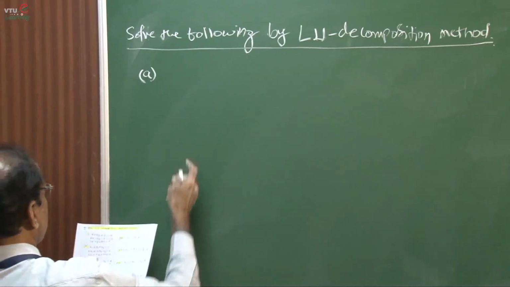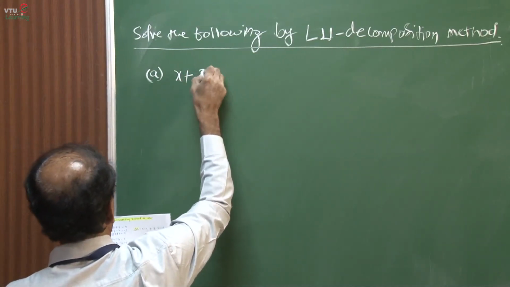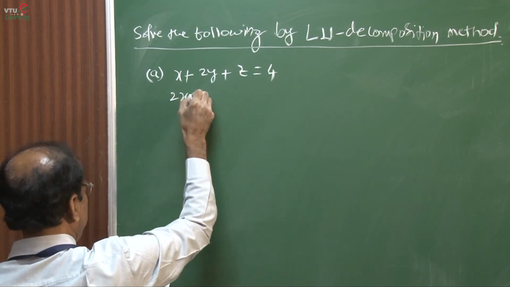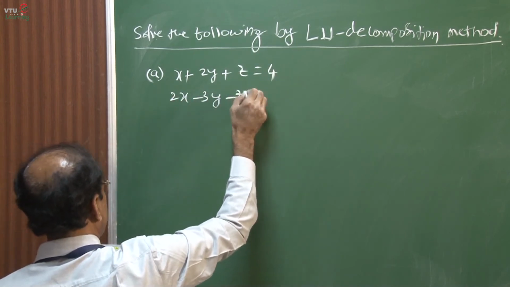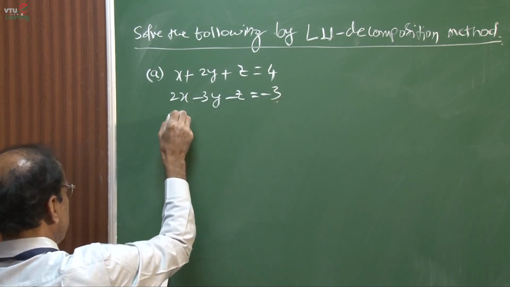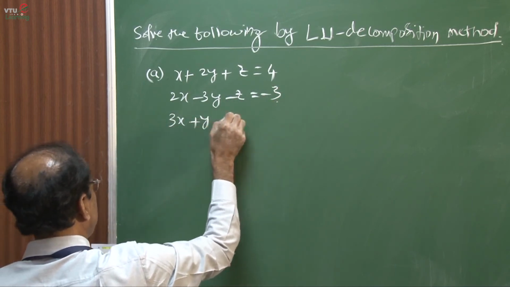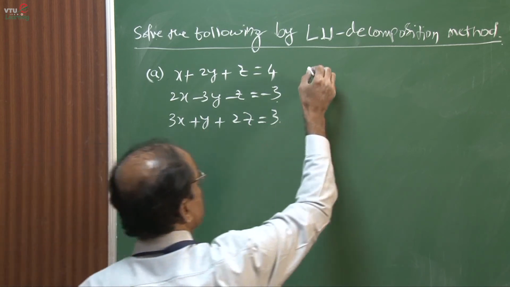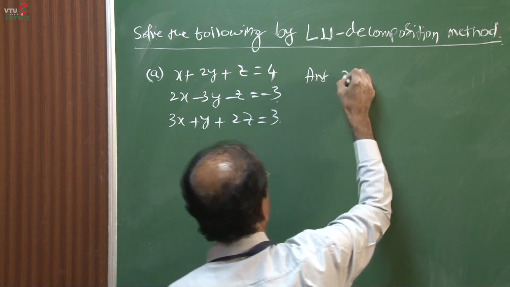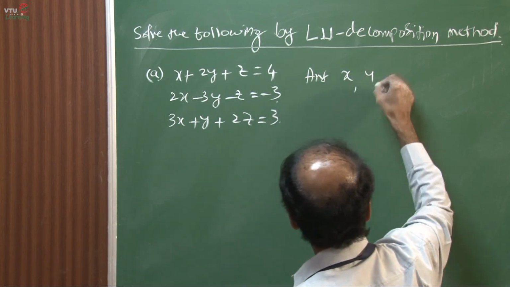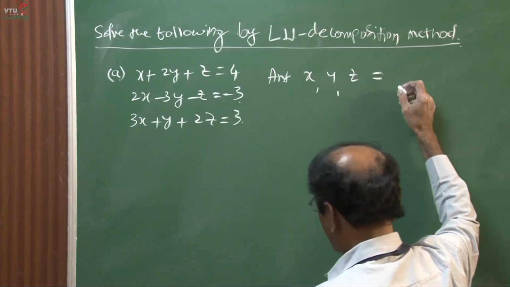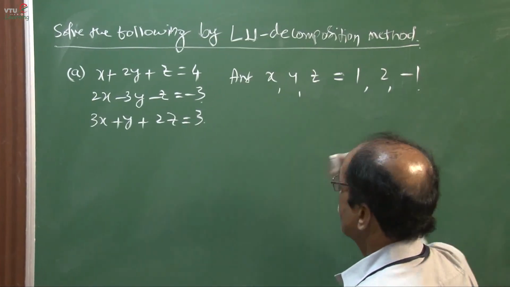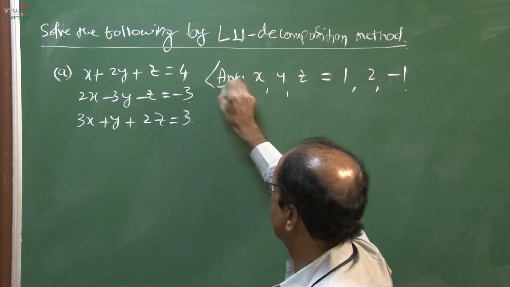First problem: x plus 2y plus z equal to 4, 2x minus 3y minus z equal to minus 3, 3x plus y plus 2z equal to 3. For this, the answer I will give: x, y, z equal to 1, 2, minus 1. You verify this. This is the answer I am giving.